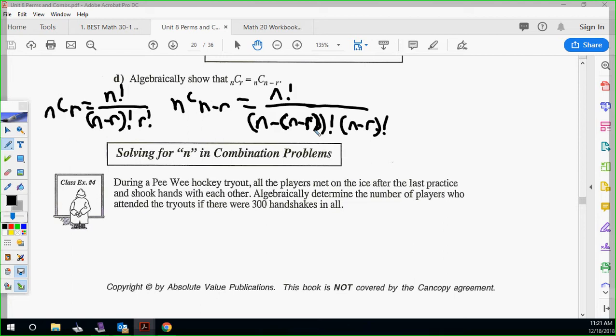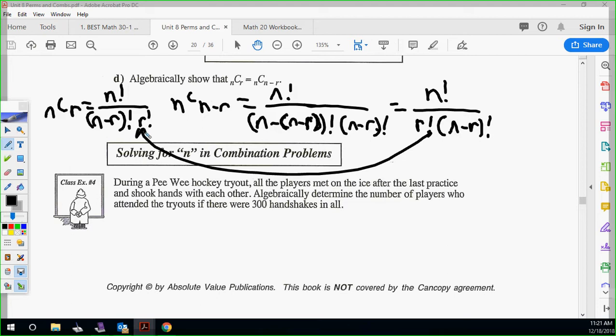So the n's cancel. What's minus minus r? r. Just the proof. This is the same thing. What's that quick? You're just simplifying your like terms.